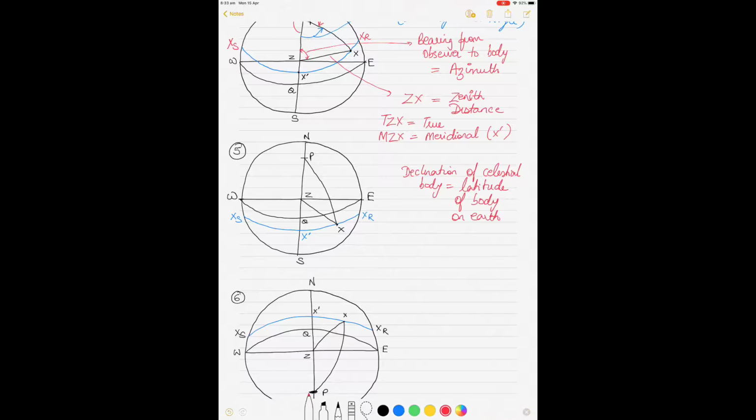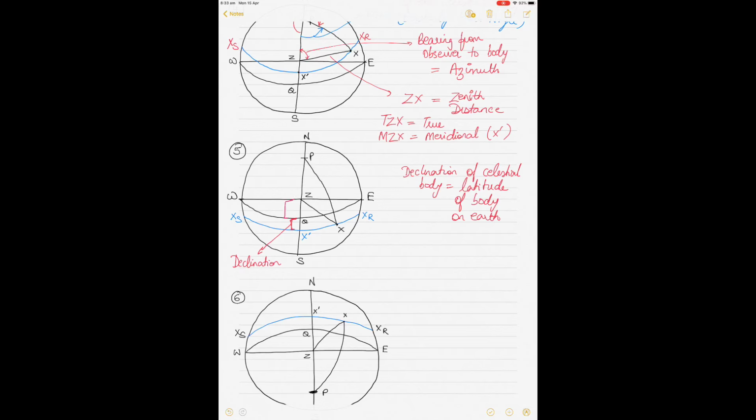Now what is declination? Declination is very similar to the latitude. This here is the declination of the celestial body. In this case you can see the declination is south, and what is the latitude?